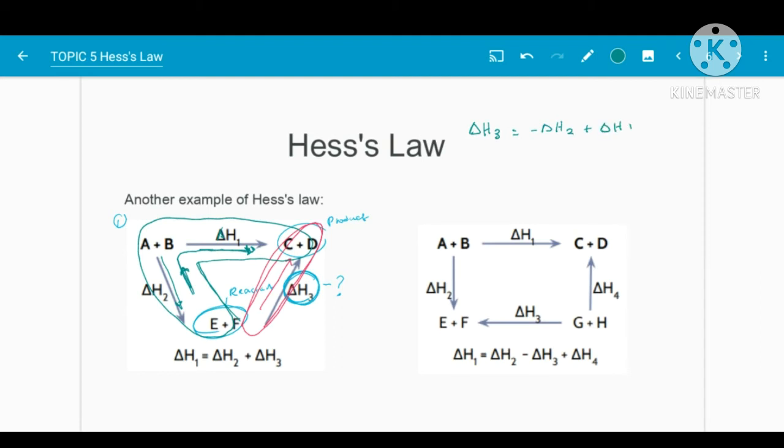This is the formula for how to calculate delta H3.